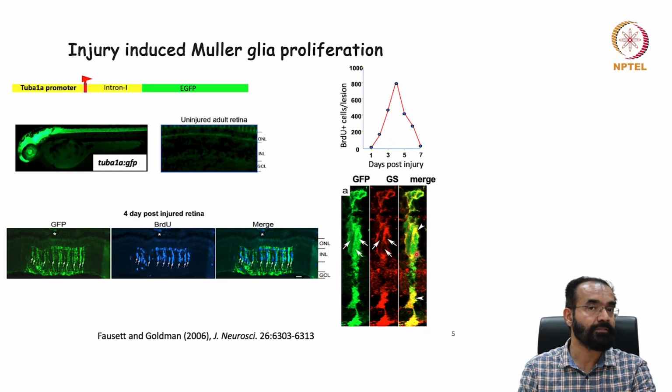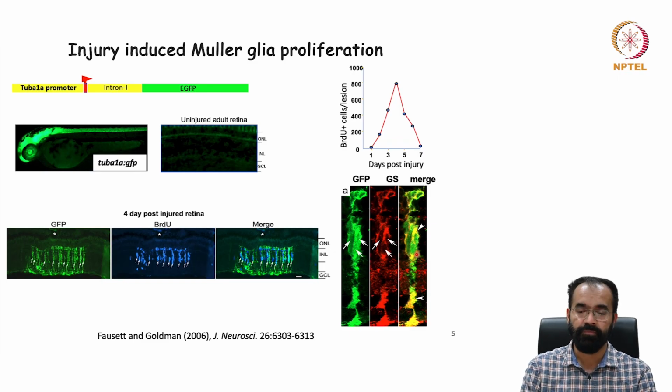That is not expressed in every Muller glia. GFP is expressed in those Muller glia which entered the cell cycle. That is what you should keep in mind looking at this picture.